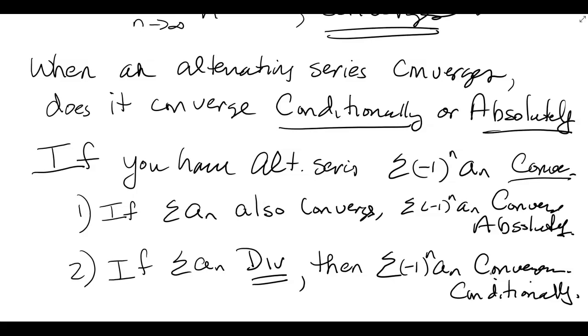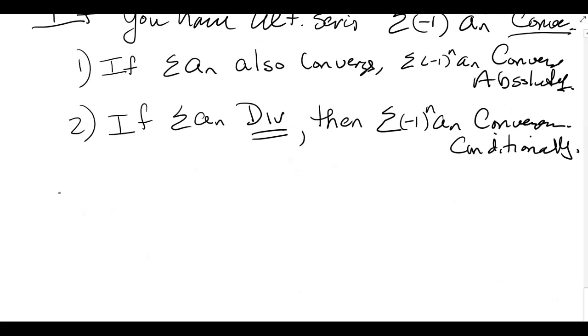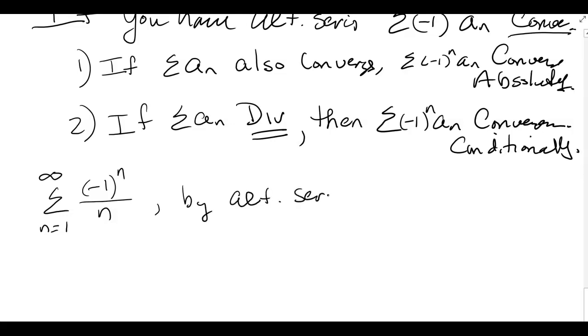So now, when we look at the series we just did, which was negative 1 to the n over n, n equaling 1 to infinity, we found by the alternating series test that it converges.